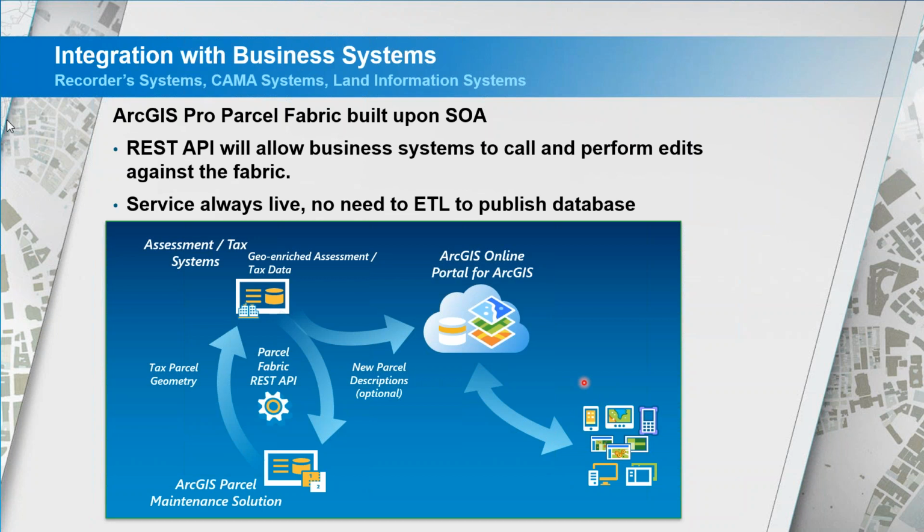Now, some may ask, how does that affect my business rule that I only show parcels that were on the ground as of January 1st of the current tax year? Well, because we're using branch versioning as part of our parcel fabric, that has a time component.